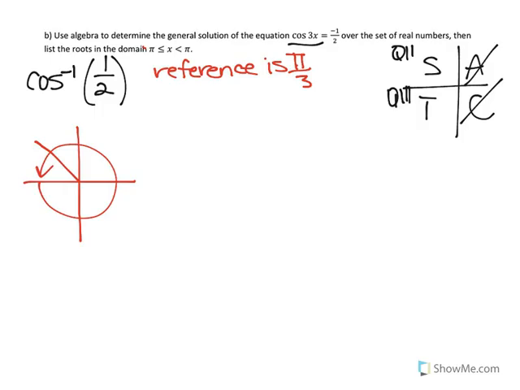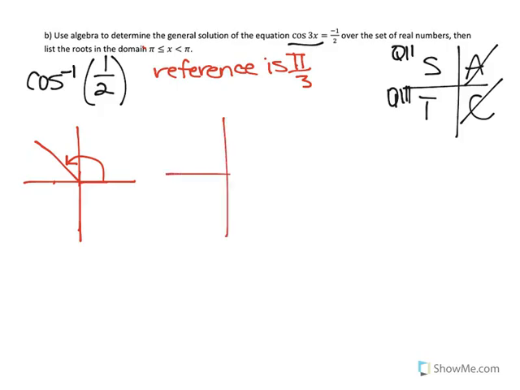So in this quadrant, I'll be able to get from here to here. That's the angle I'm going to be able to see from negative pi to pi. Actually, I guess we just do this one. Let's do that angle. That's the angle that makes sense. So that's our first angle.